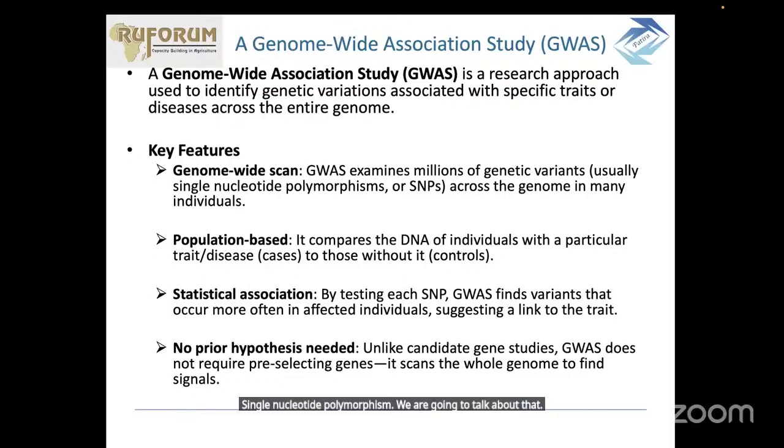It's population-based, compares the DNA of individuals with a particular trait or disease, and then you use statistical association by testing each SNP, finding the variants that occur in those individuals. The good thing is there's no prior hypothesis needed when you're doing GWAS. Okay?